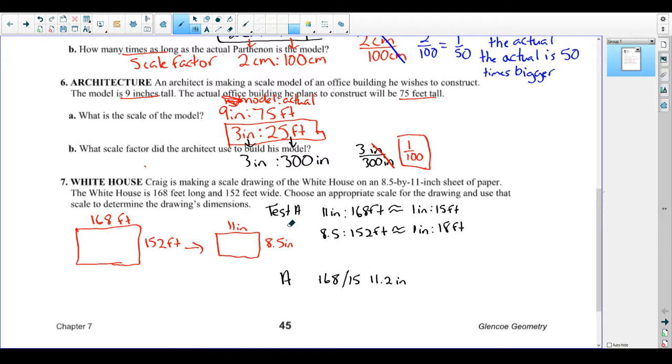So what if I use scale B? So 168 feet divided by 18. That gives me about 9.3 inches. That's not going to go all the way to the edge, but that's pretty close.